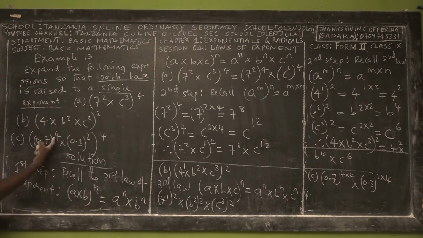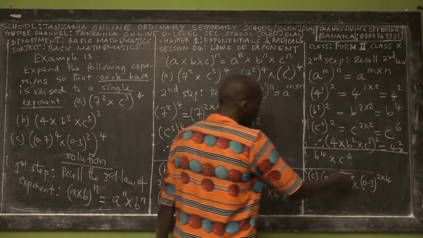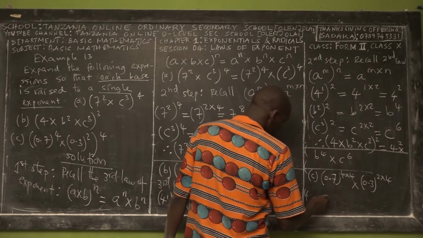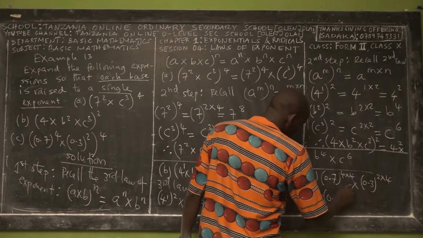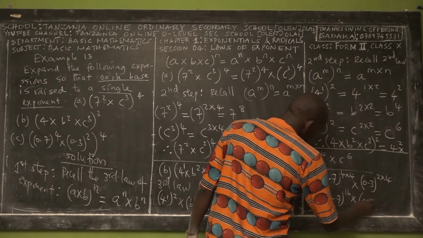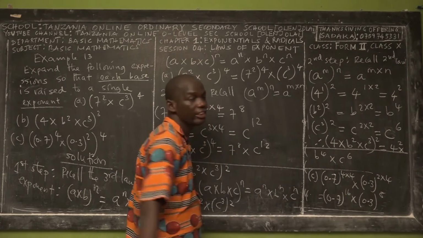This 4 is multiplied by this 4, and this 4 is multiplied by this 2. Straightforward. So 4 times 4 is 16. So 0.7 power 16 times 0.3 power 8. That is the response.